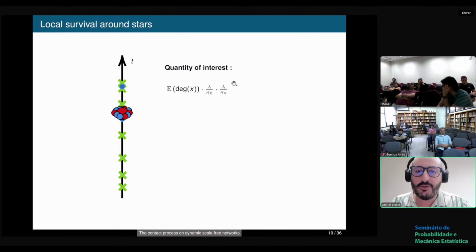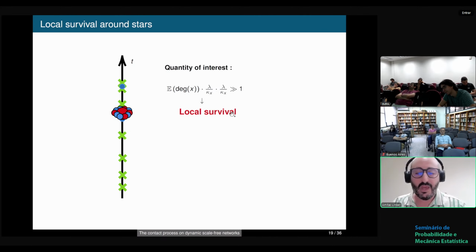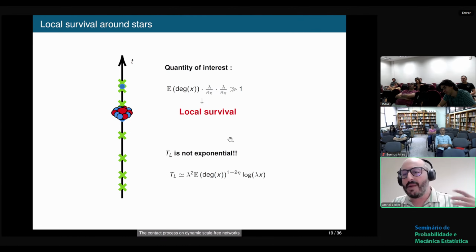Each of them is going to infect it back at rate lambda, and again this interval is of order 1 over kappa x. So this is something that needs to be large for you to be able to survive. If this is very much larger than 1, we expect to see local survival. What we managed to prove is that this is true.